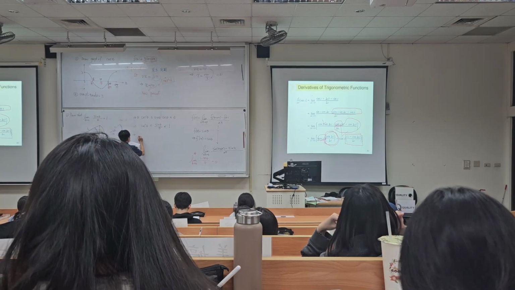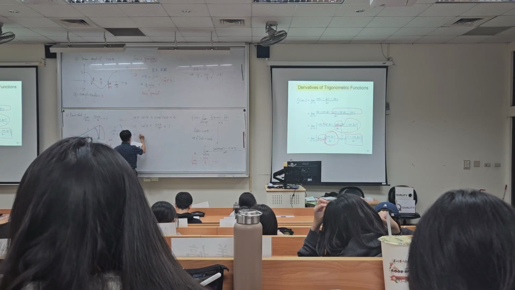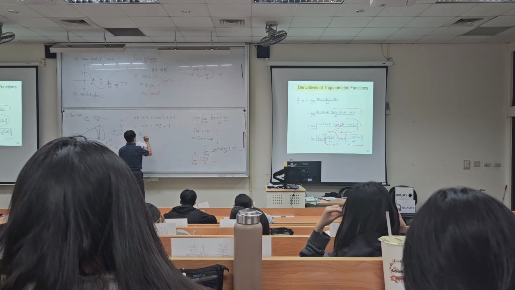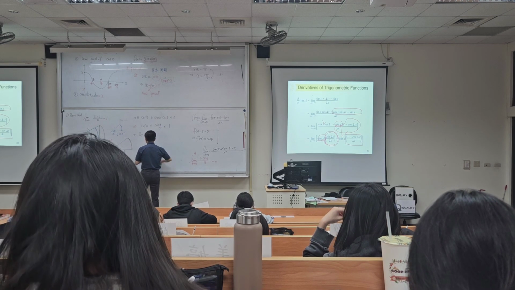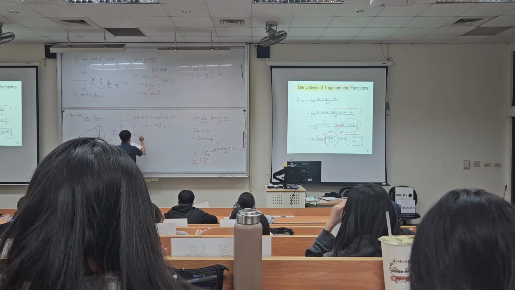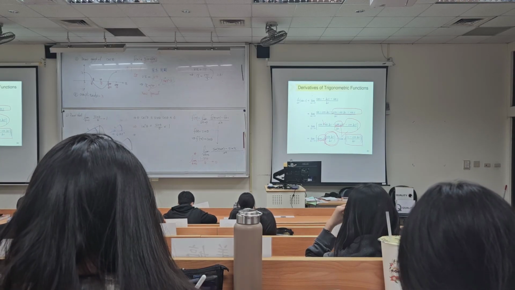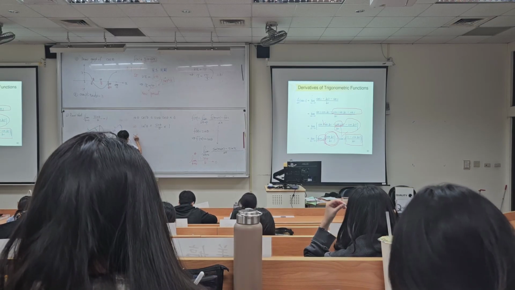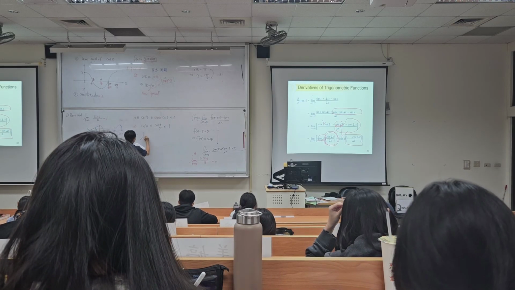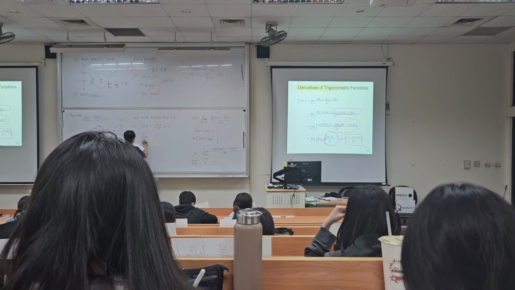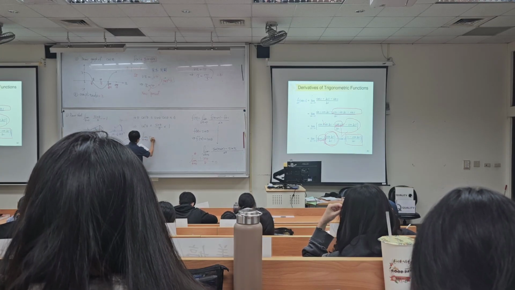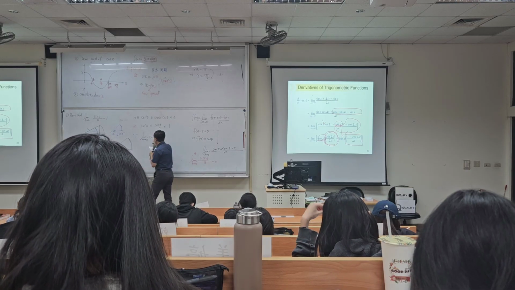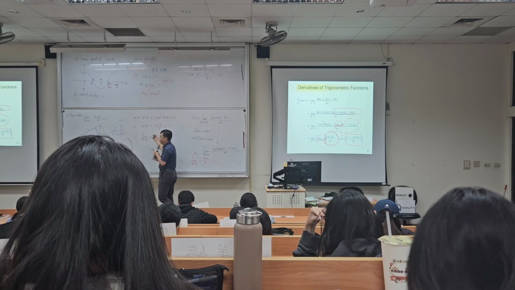Based on this, we observe that cosine of 0 is equal to 1, and its square is also equal to 1.